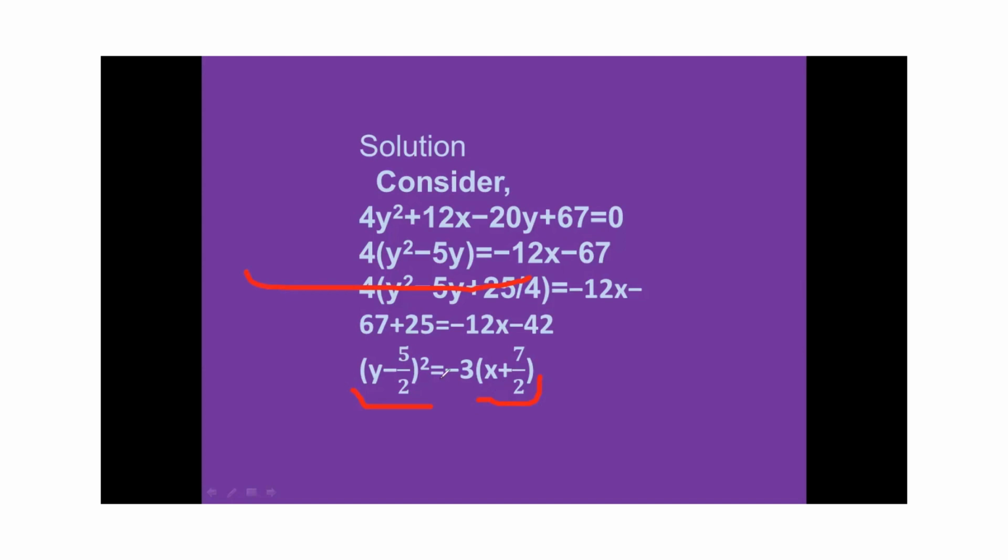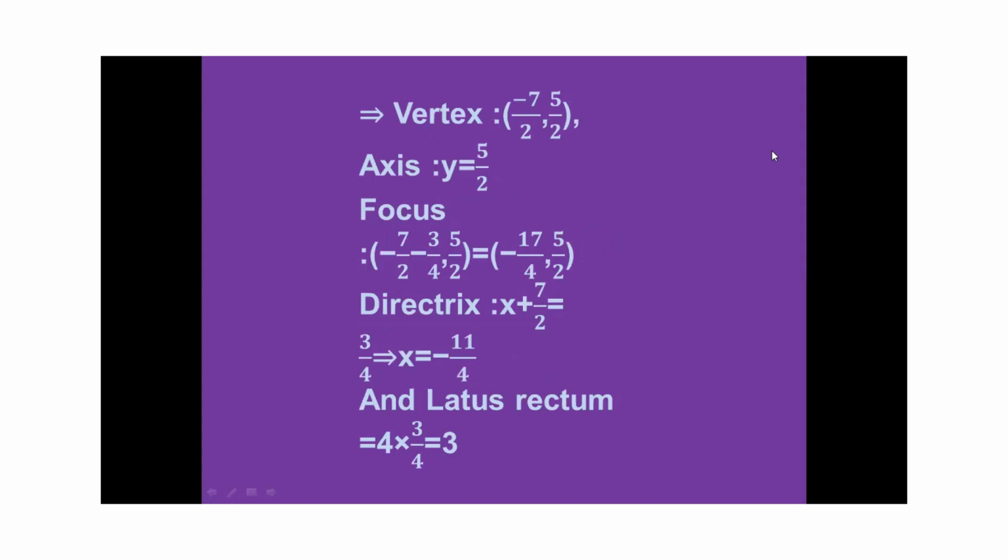Here the center is 5 over 2 and minus 7 over 2. Now the vertex of the parabola, and the axis is y equals 5 over 2.